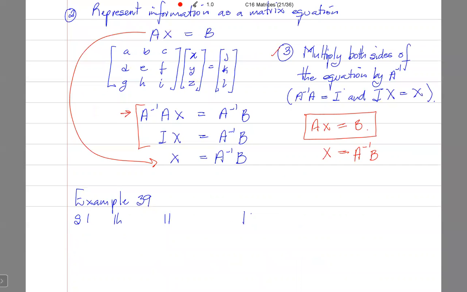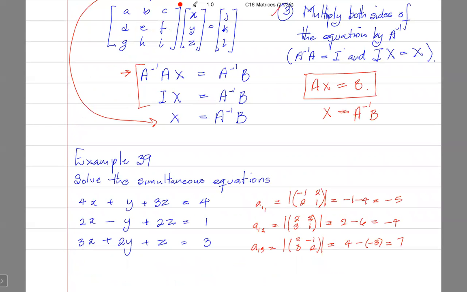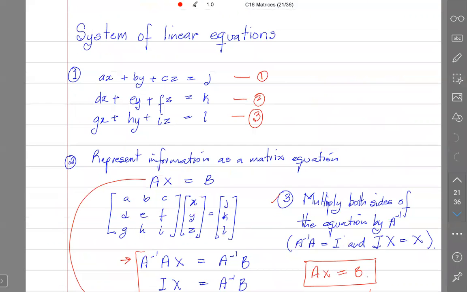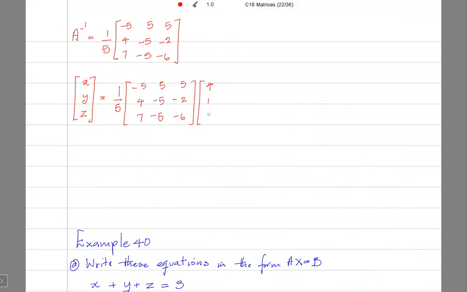And B is 4, 1, 3. So let's go about it now.